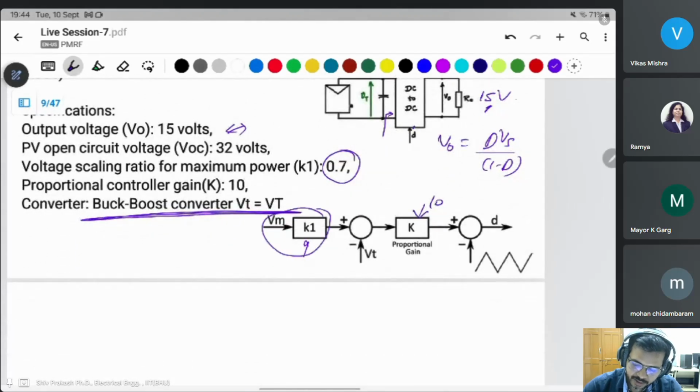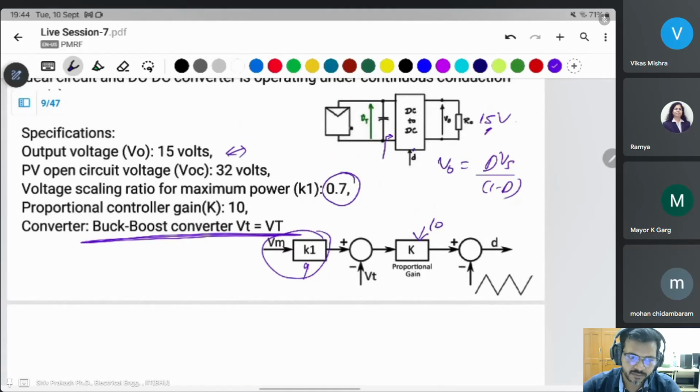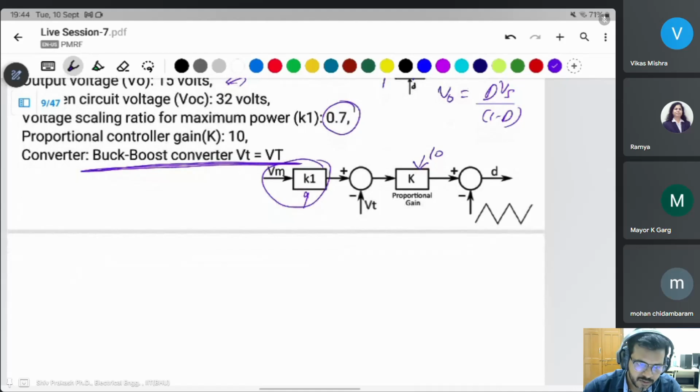Vm is equal to K1 into VOC. It will be 0.7 into 32, approximately 22.4.